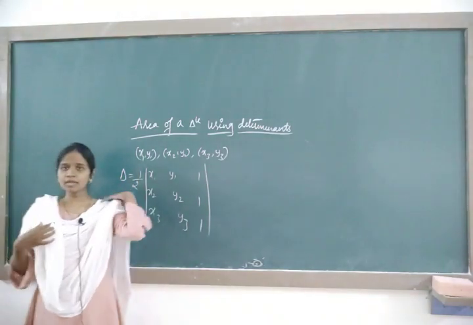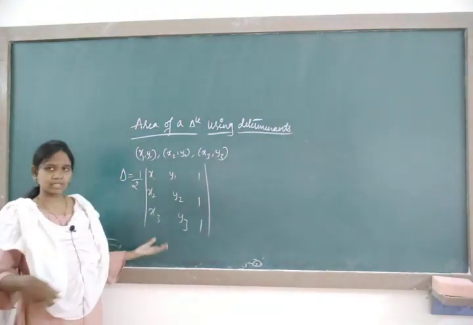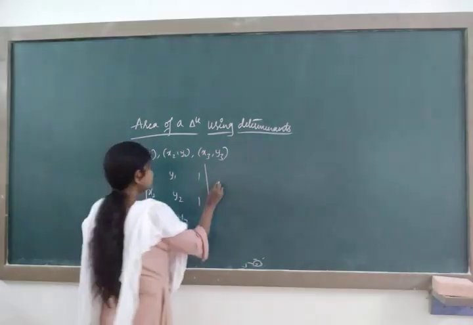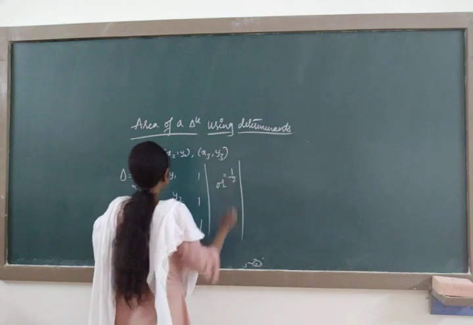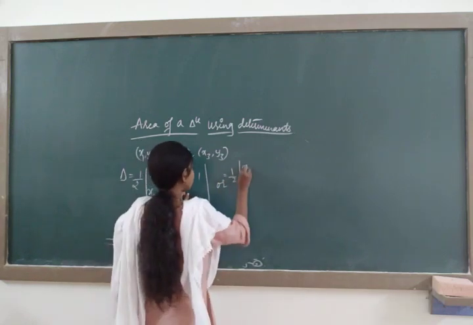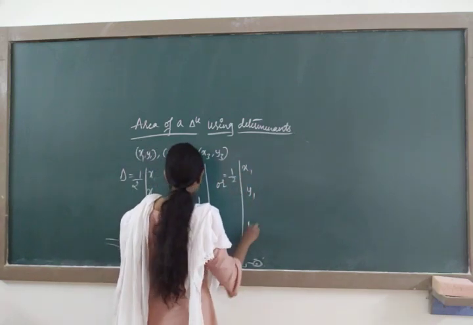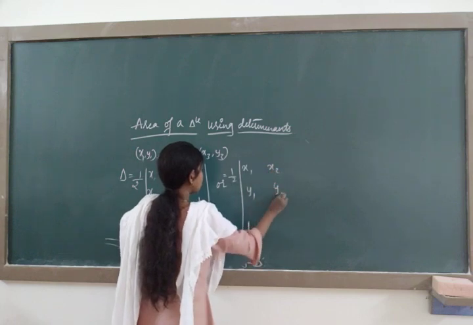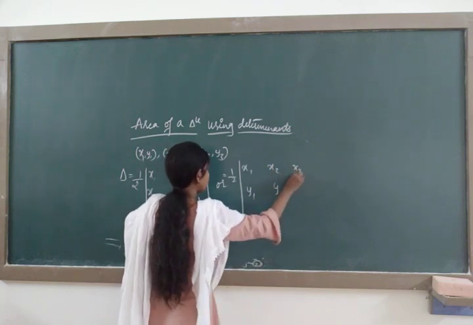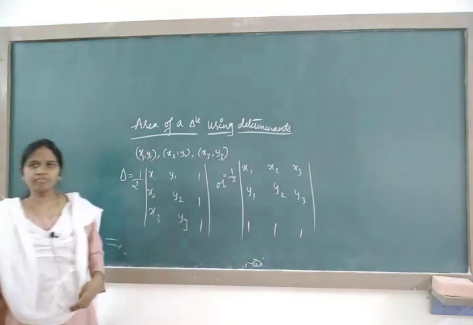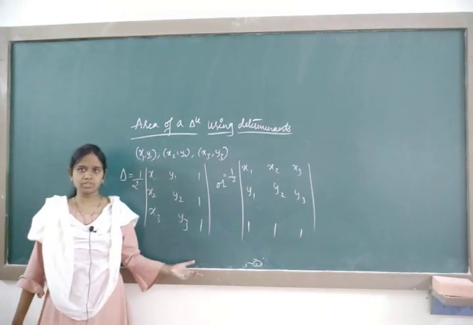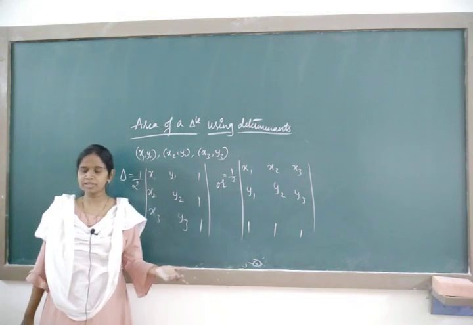The same determinant can also be written as half, where the first row becomes the first column, the second row becomes the second column, and the third row becomes the third column. Whichever determinant you are comfortable with, you can use. The value will be the same on expansion.